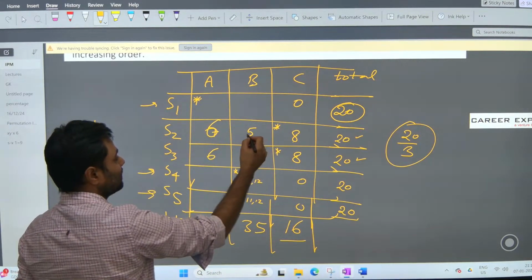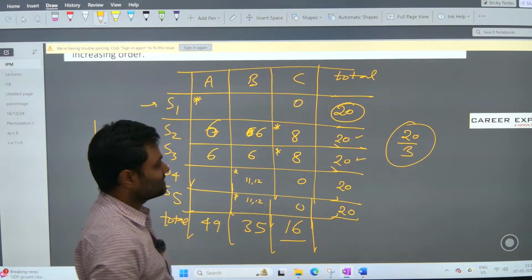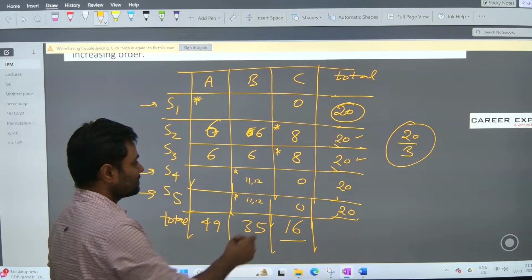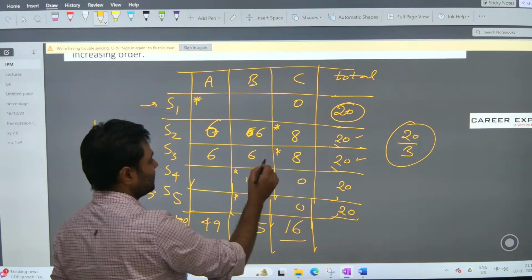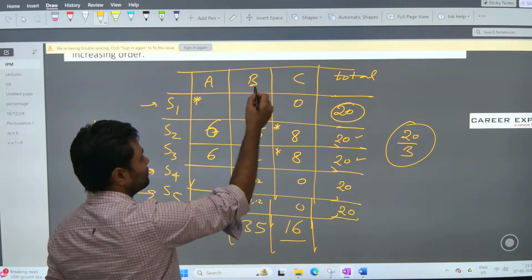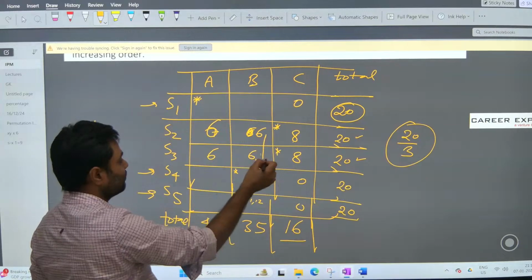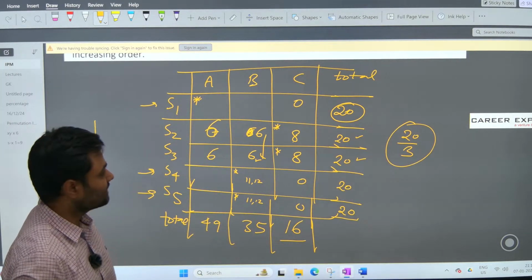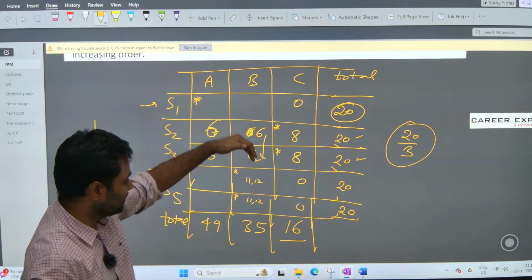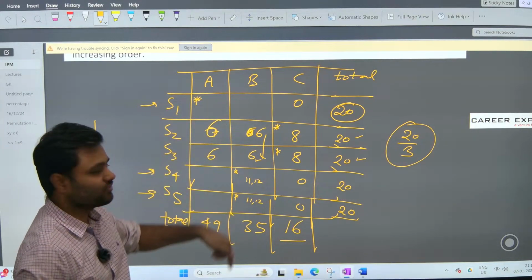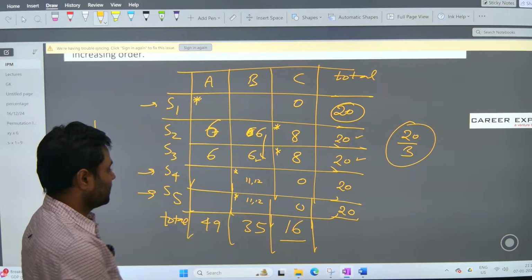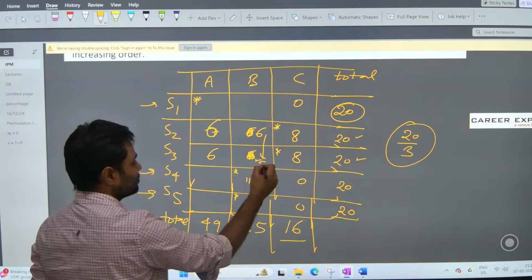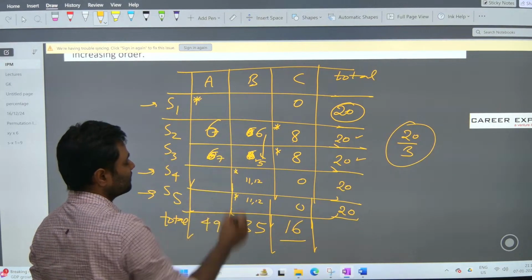8 plus 6 is 14. In this case, this party will also get 6 votes, right? In this case, what happens is both of them will get 6 votes. Party B will get 6 votes in both the constituencies, S2 and S3. But the question clearly said that the number of votes clearly increases from S1 to S5 for party B. There is another possibility that this party B gets 5 votes here and party A gets 7 votes here.